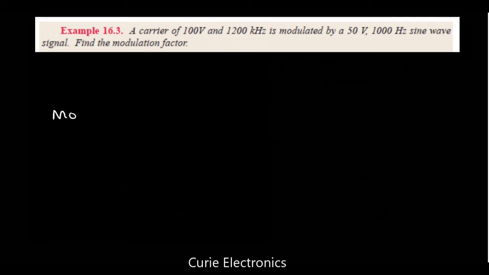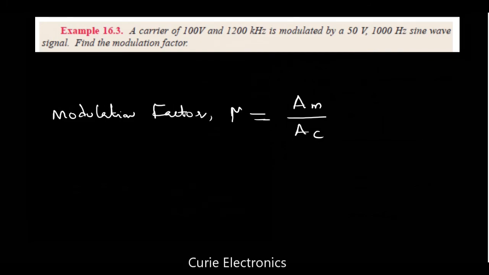The modulation factor or modulation index is indicated by mu, and sometimes by MA also. The equation is amplitude of message signal upon amplitude of carrier signal. What is the value of AM here?